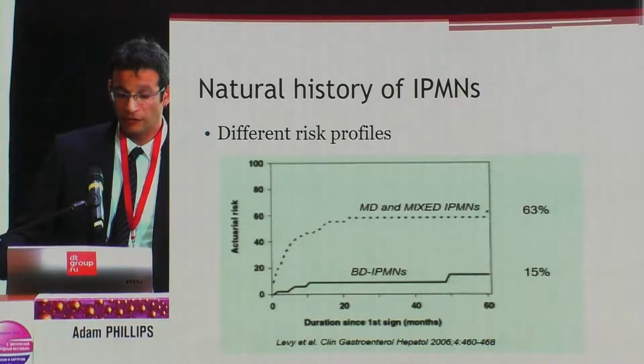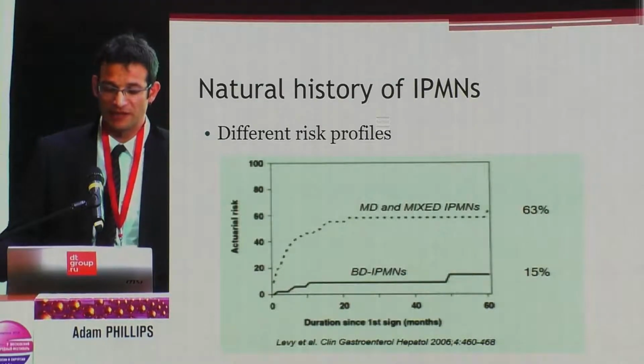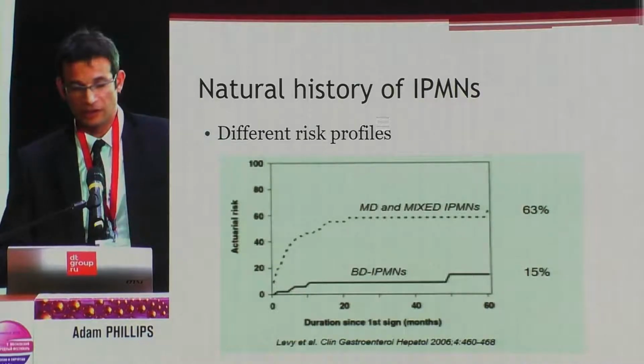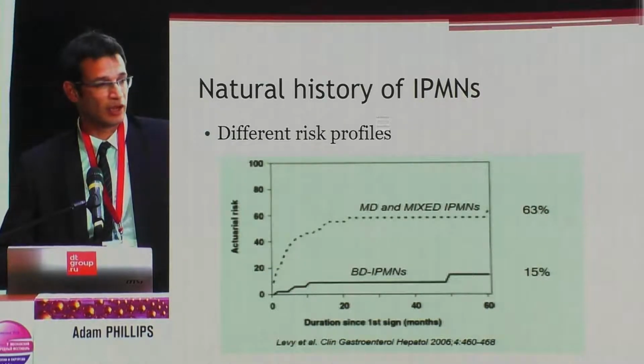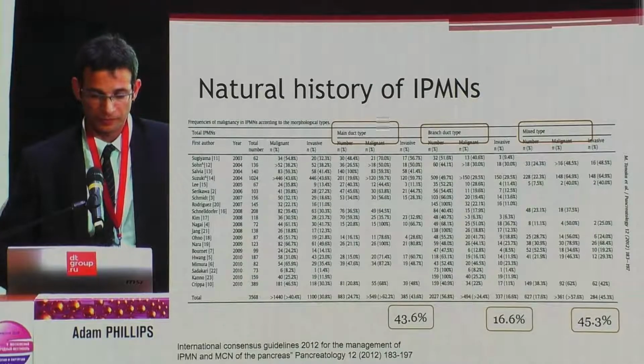In following these patients for months, there is a 15% chance of these patients developing carcinoma in the branch duct IPMN, and in the main duct IPMN and mixed duct, there could be a 63% involvement of carcinoma later on. So these are two different diseases, as we can see by these graphs.